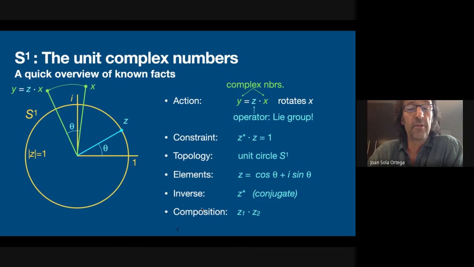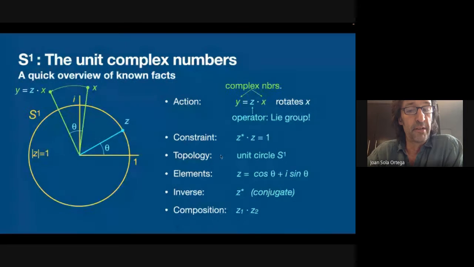I can also compose different operators like this, so that if I apply z1 z2 to a vector x, that means I rotate x first by z2 and second by z1, and I produce a different y. So I can compose the operations.